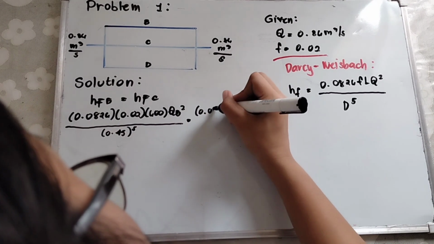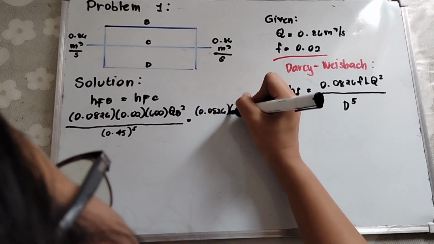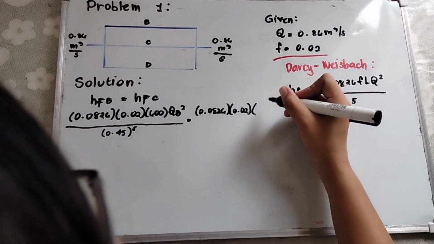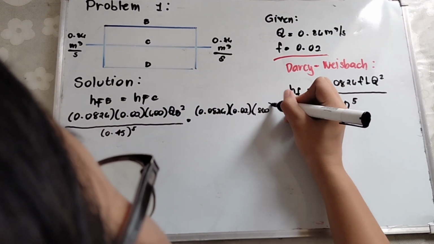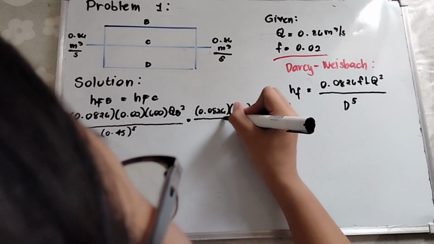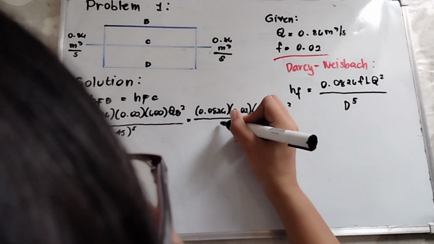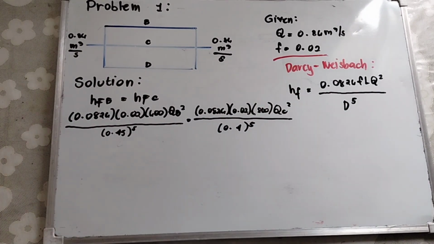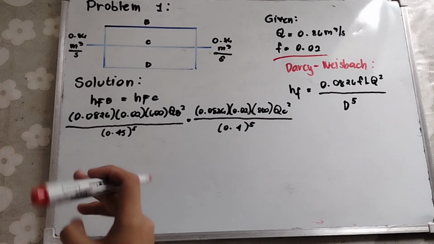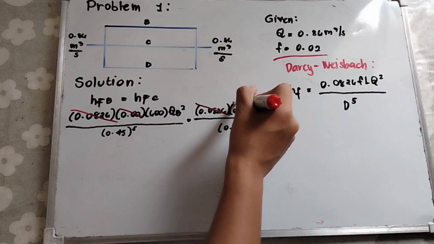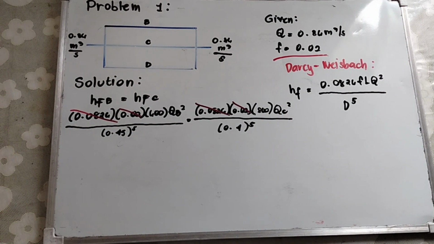And then we have again 0.0826 times 0.02 multiplied by the length, which is 800 meters, multiplied by discharge at C raised to 2 over 0.4 raised to 5, which is the diameter of the pipe at C. For this equation, we need to find the discharge at C in terms of discharge at B. So we can cancel out the constants, which are the 0.0826 and the friction factor.